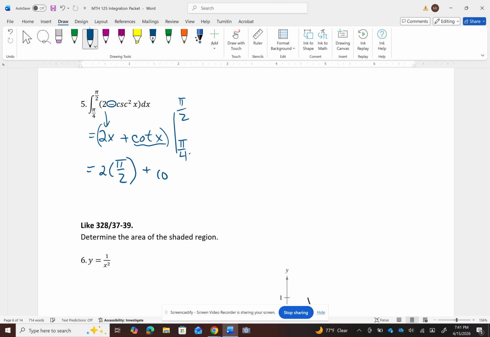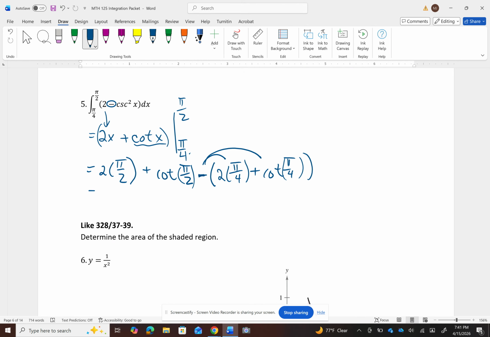Okay, so I'm plugging in the pi halves. Oops, it's not cosine, it's cotangent. And then I'm going to subtract that from what I get when I plug in pi over 4 for the x's. Okay. And that minus sign right there goes for both of these, so don't mess that up.